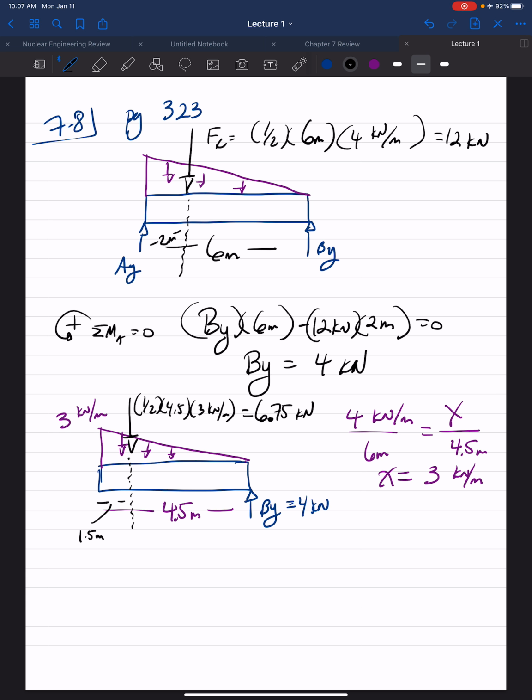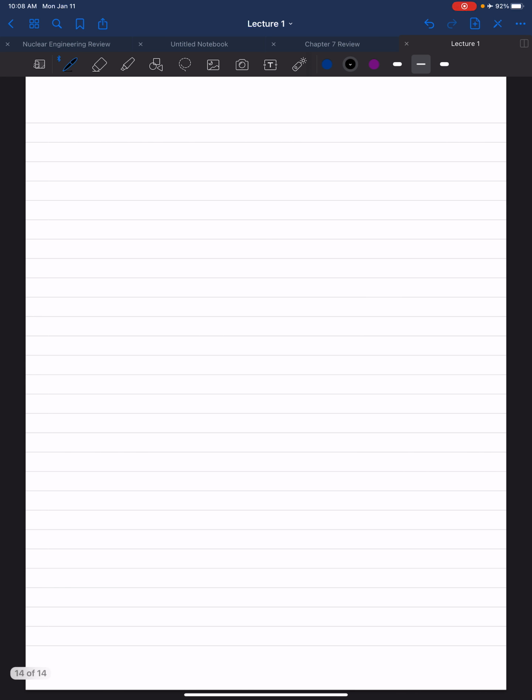Since we made the cut at C, we have to account for our normal force, our shearing force, and our bending moment. So let's redraw this on a clean page. We have our BY support reaction, which is 4 kilonewtons.